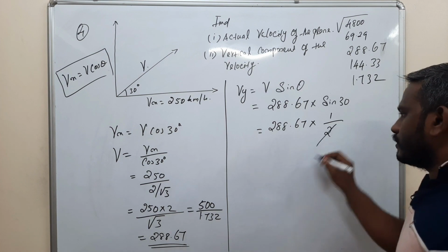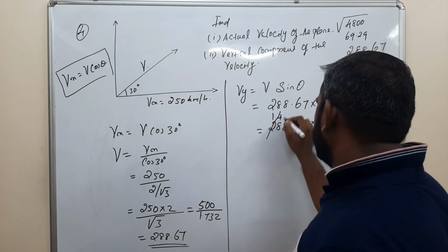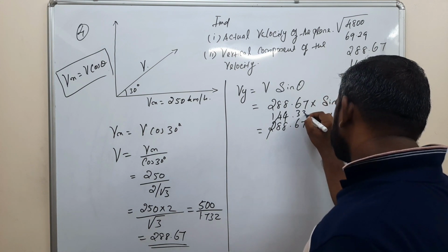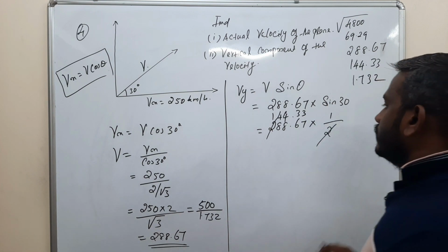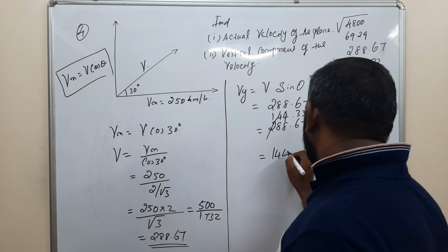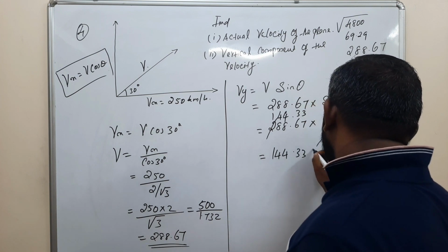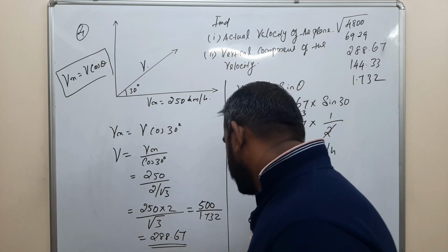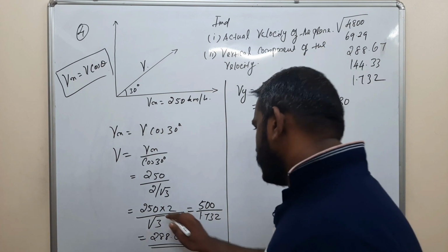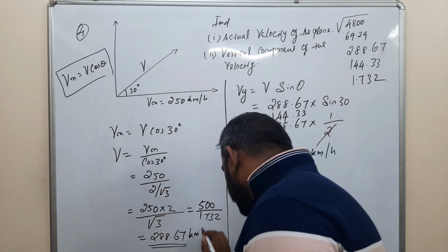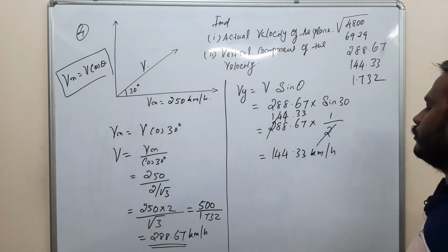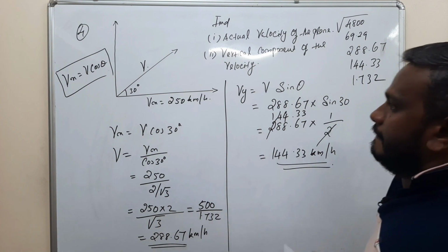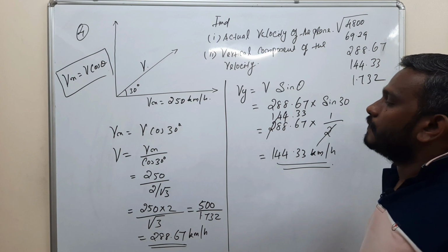Cancel it, so that's equal to 144.33 kilometer per hour. So 144.33 kilometer per hour is the answer. That is the vertical component of velocity.